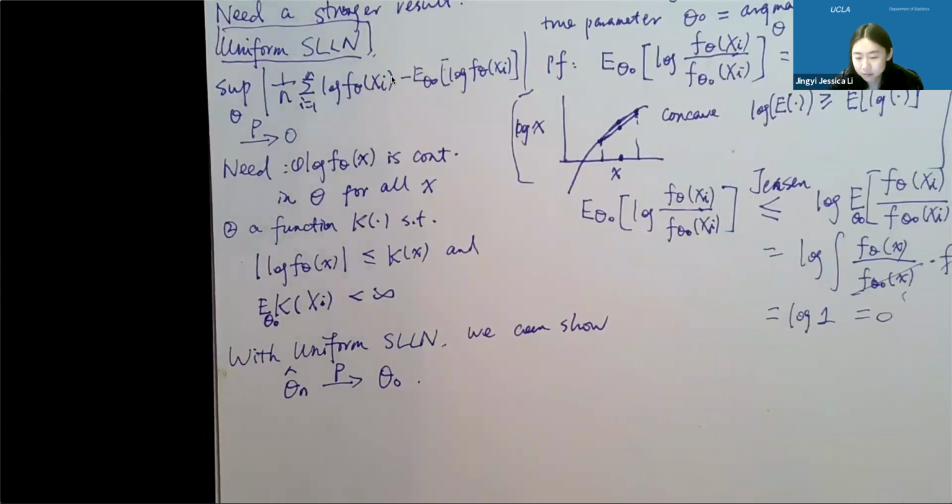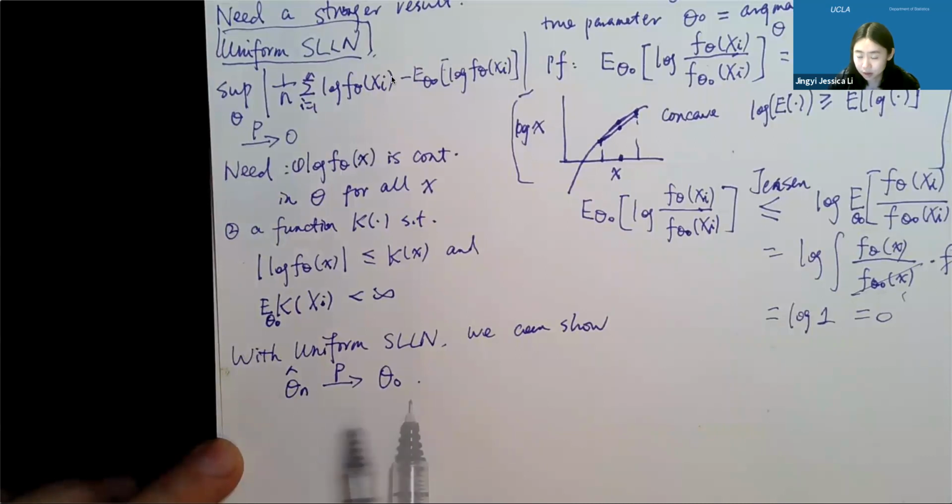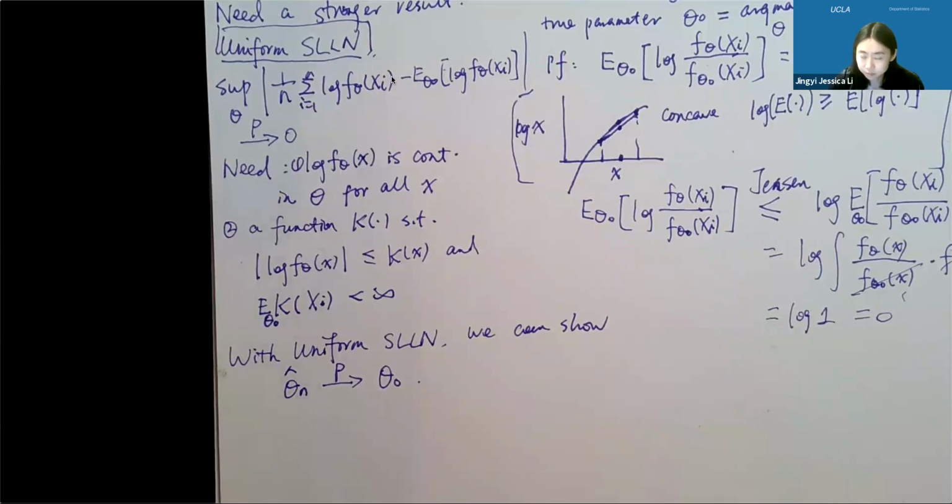We show that the sample mean converges almost surely or in probability to the population mean by the strong law of large numbers, and then we have the central limit theorem for the asymptotic distribution of the sample mean. The strong law of large numbers is one thing, and the central limit theorem is the second thing. So here we're going to have another central limit theorem version for this MLE. We'll see how that will work.